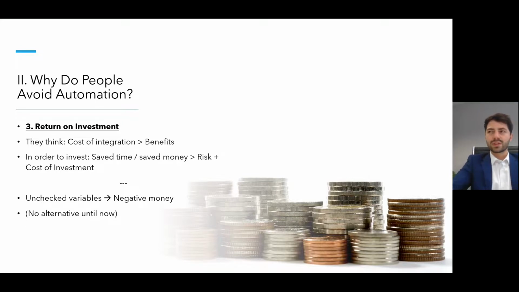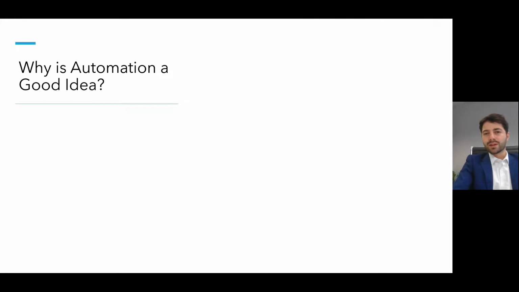So there's been no such thing as automation. Technology hasn't been capable of doing what it is now. So why would you put down in concrete terms exactly how much money you're losing year on year by keeping your system the same if there's no alternative? So that is one major factor. But again, a valid point.